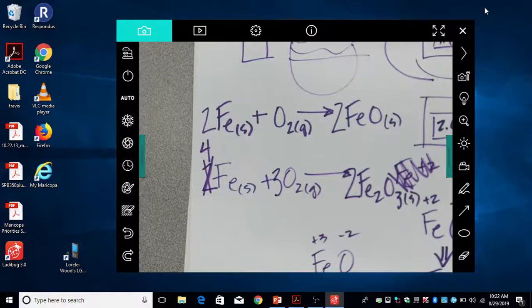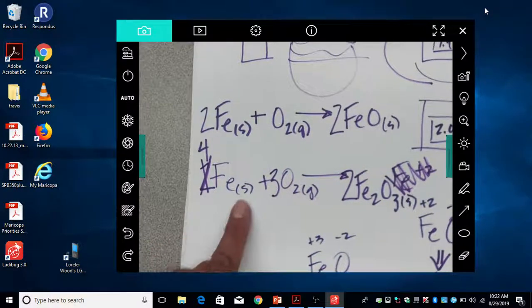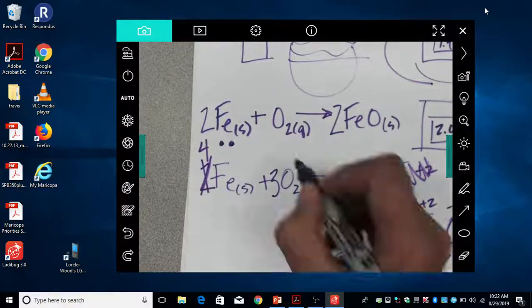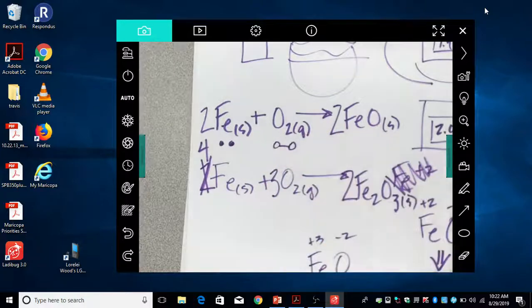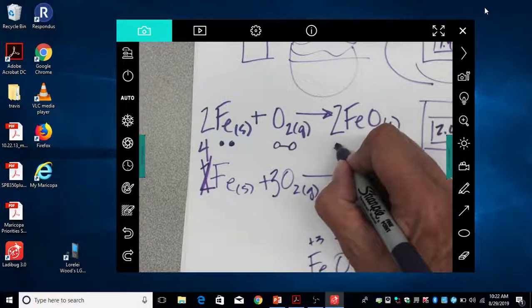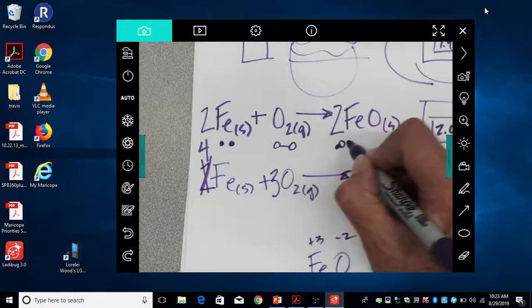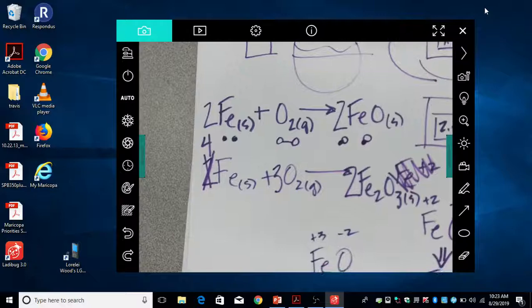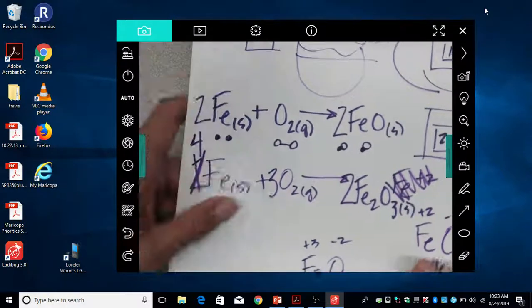It's just like a little bit of algebra trickery, isn't it? Balancing equations. So if you looked at this, you would have 2 atoms of iron, 1 molecule of oxygen gas would produce 2 of these FeOs. So that's the microscopic idea.